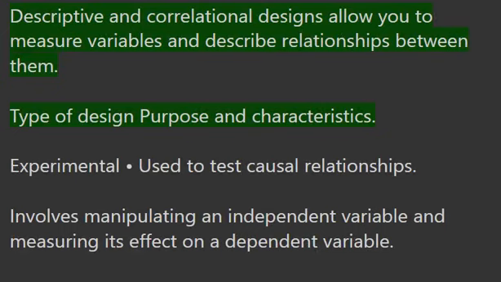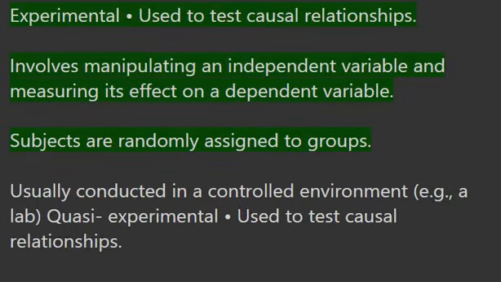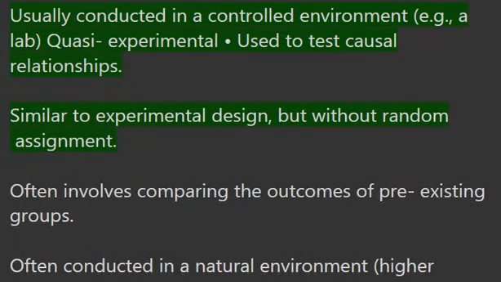Type of design. Purpose and characteristics. Experimental: used to test causal relationships. Involves manipulating an independent variable and measuring its effect on a dependent variable. Subjects are randomly assigned to groups. Usually conducted in a controlled environment, e.g., a lab.